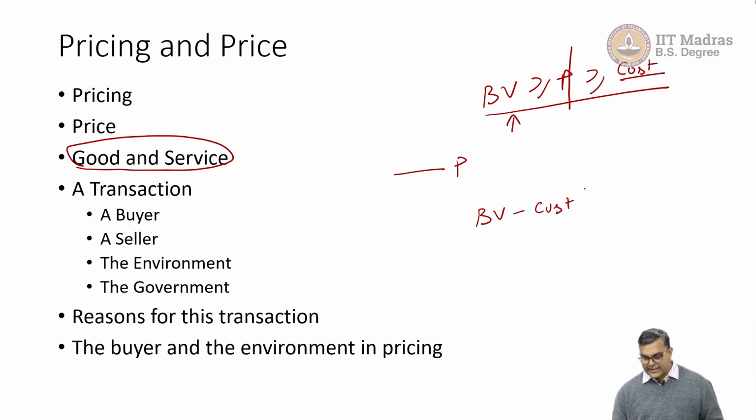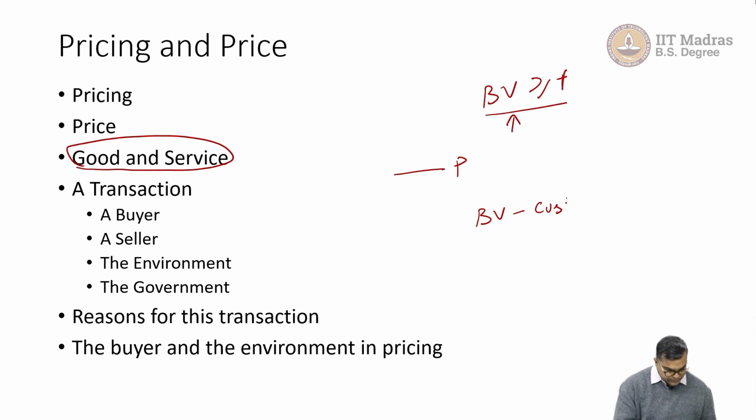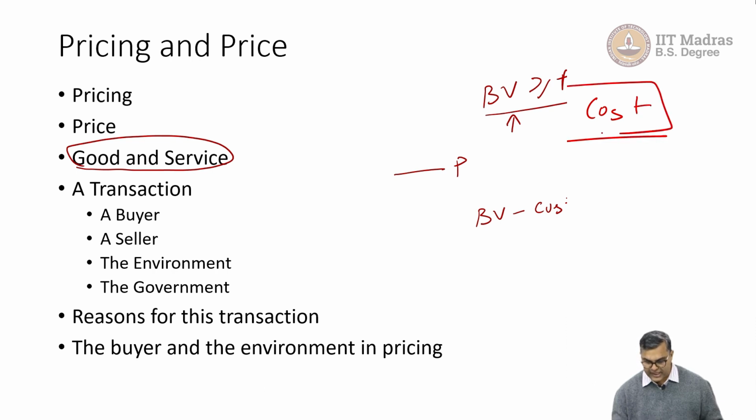So, society as a whole is gaining BV minus cost. This is the gain to the society.